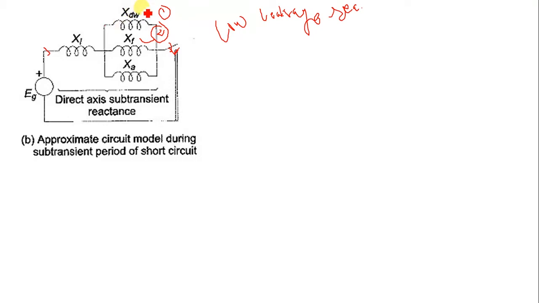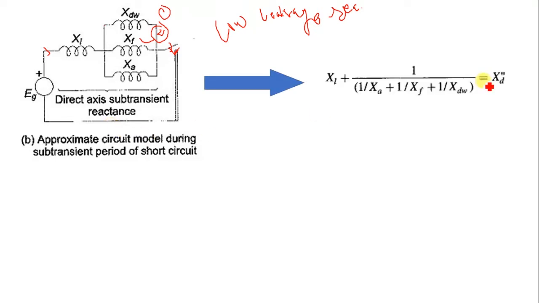Okay, so initially when all three XDW, XF and XA are in your circuit, in that case we can say the total reactance is nothing but your direct axis subtransient reactance, and that can be found out like this. So XD double dash is nothing but your subtransient reactance, and it can be found out by XL in series with these three connected in parallel.